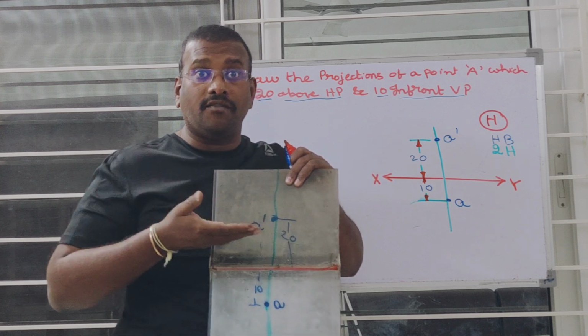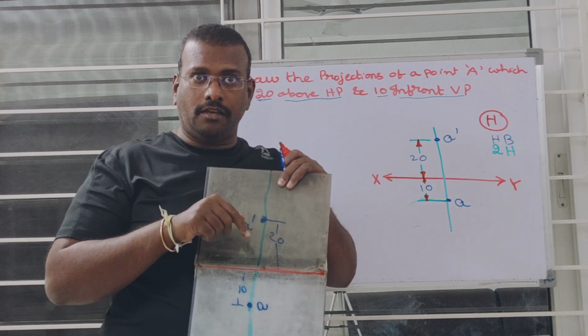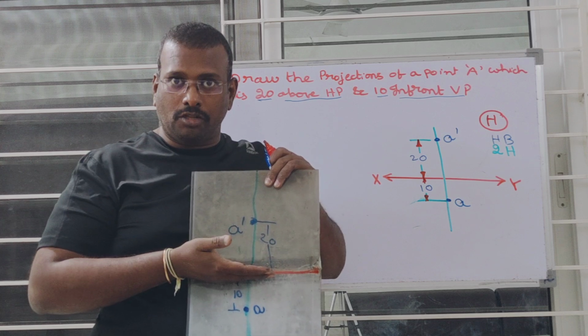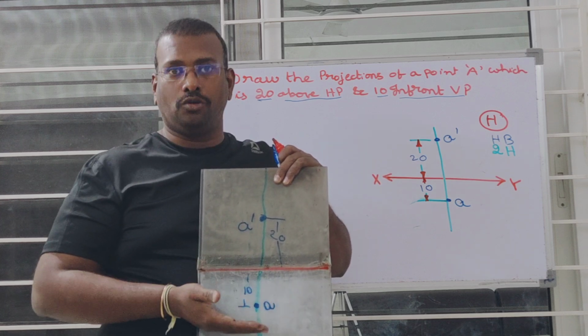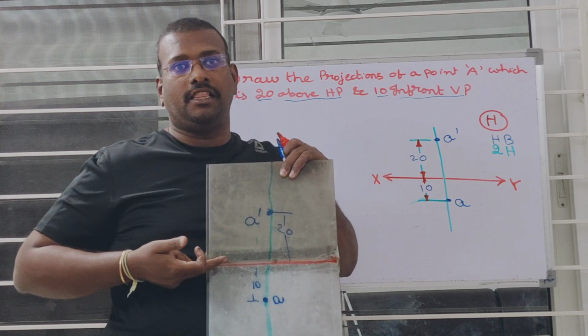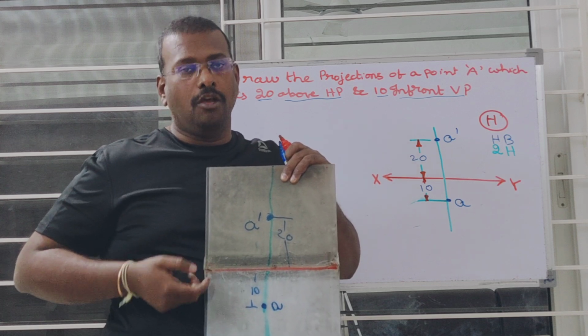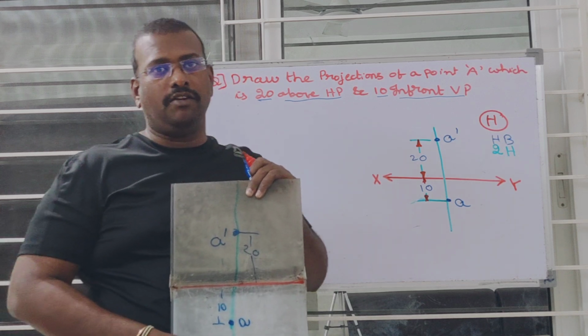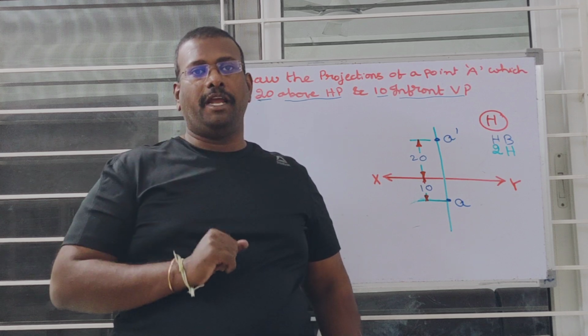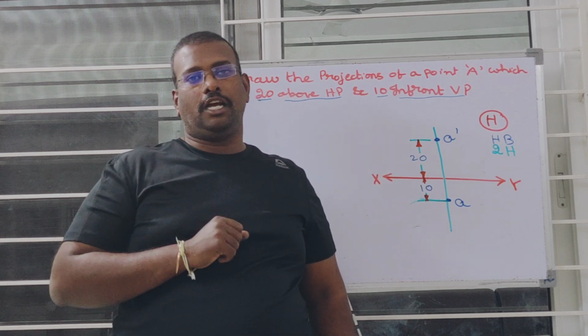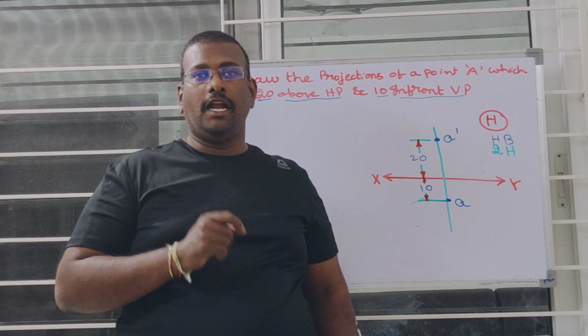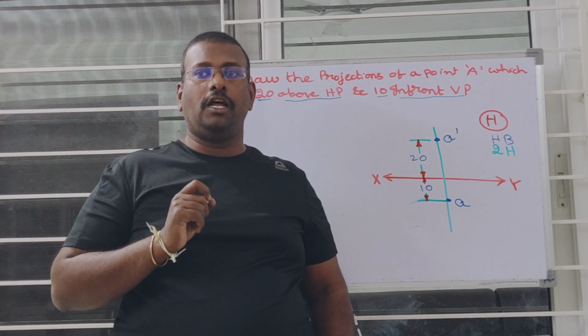So we need some reference to differentiate A dash with respect to the HP, and A with respect to the VP. That reference is nothing but the XY line. In the beginning of the classes itself it was said, HB pencil for the main object, 2H for construction or helping lines, and H for the reference line.